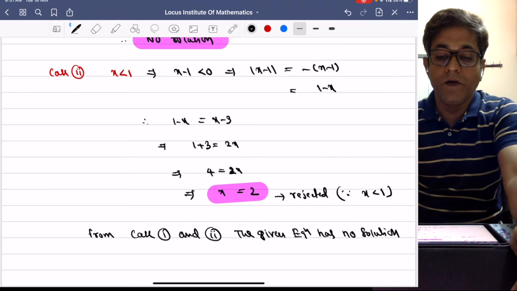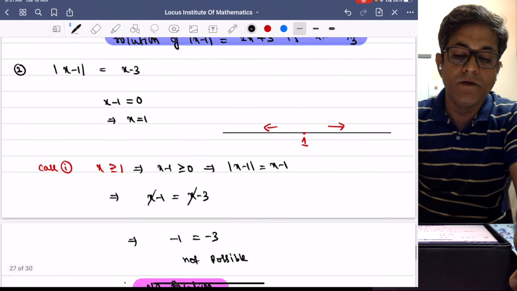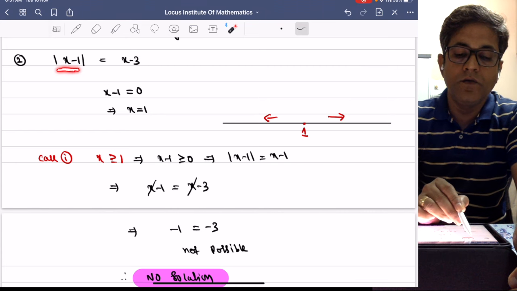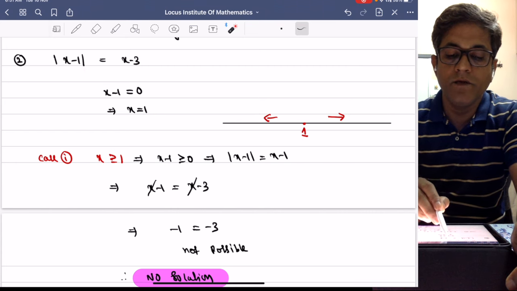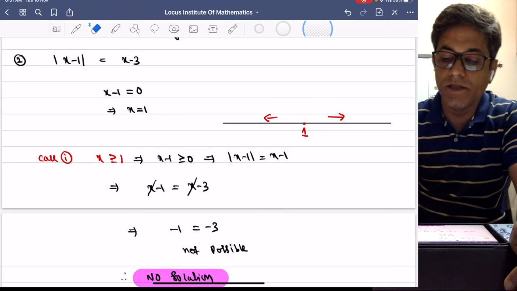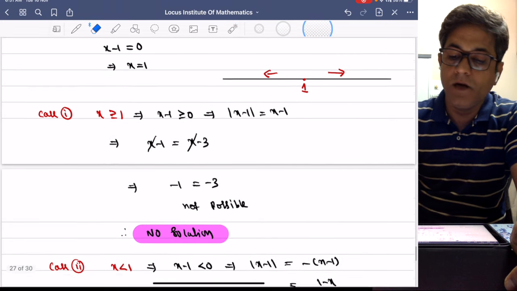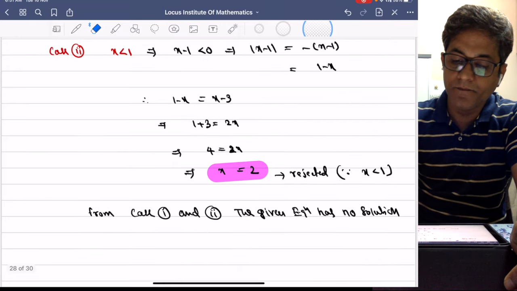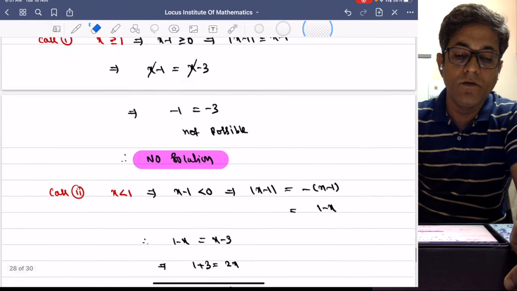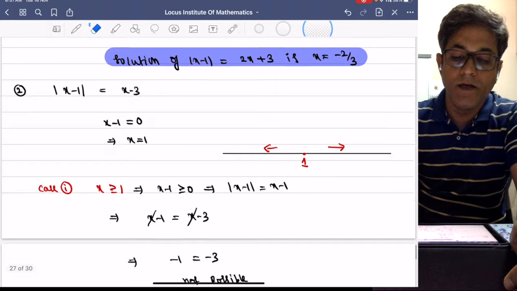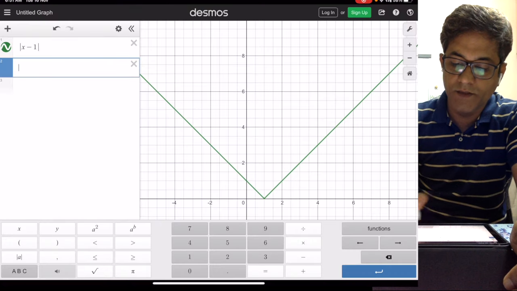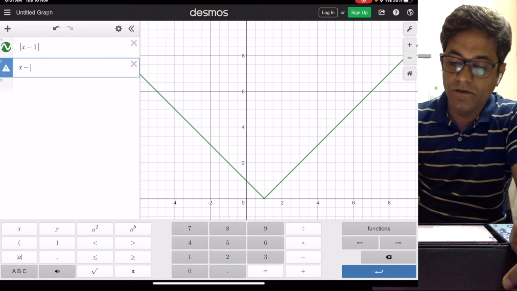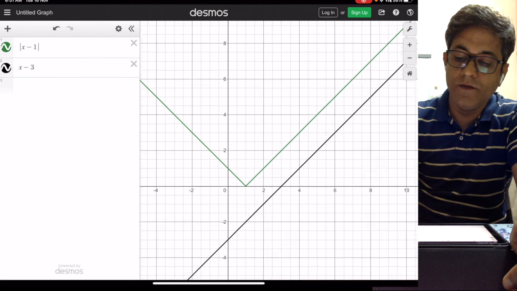So what is the geometrical meaning of this one? If you draw the two curves, that is y equals mod x minus 1 and y equals x minus 3, on the same coordinate plane, they will not intersect. So see the graphs.